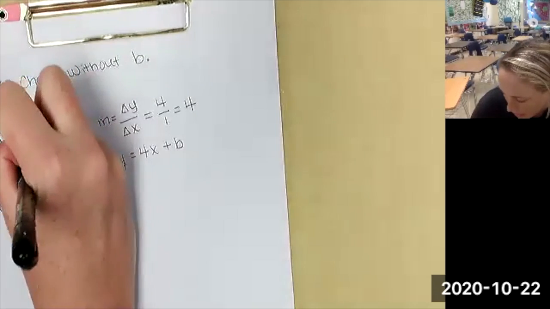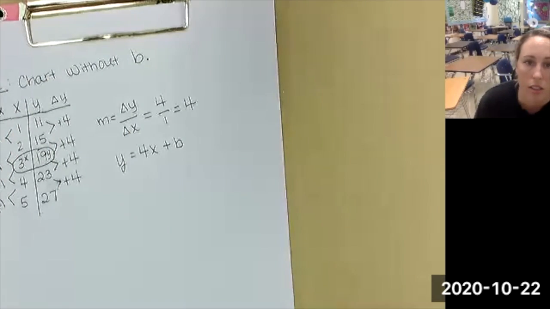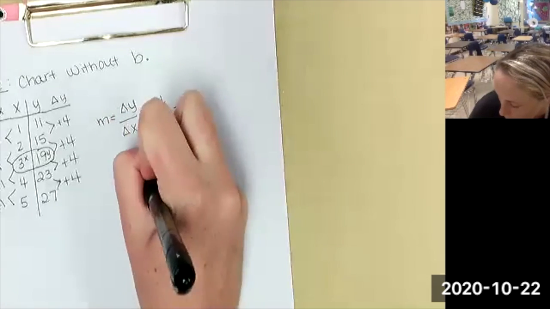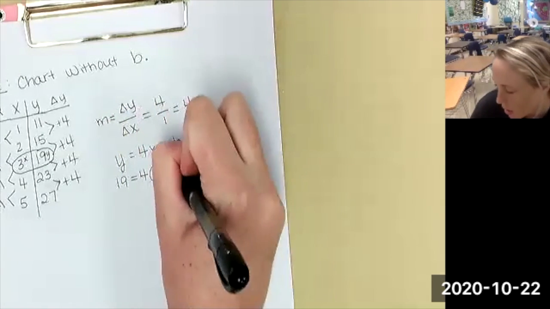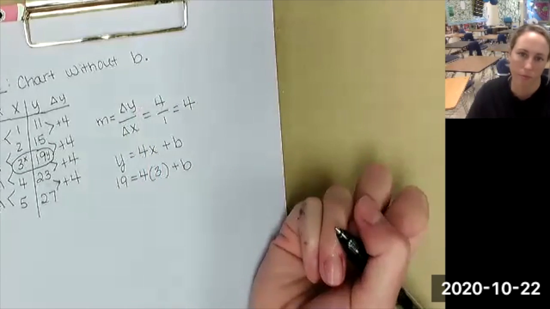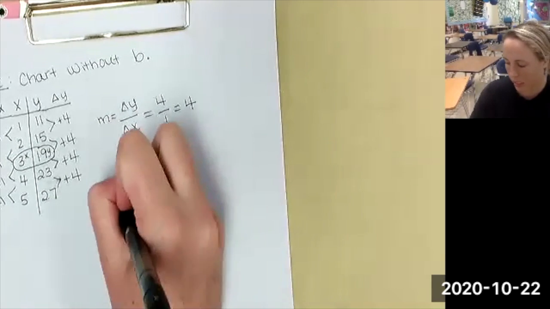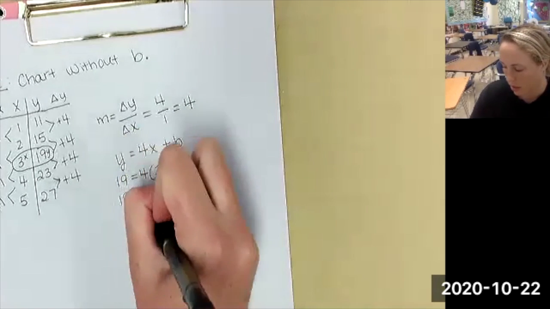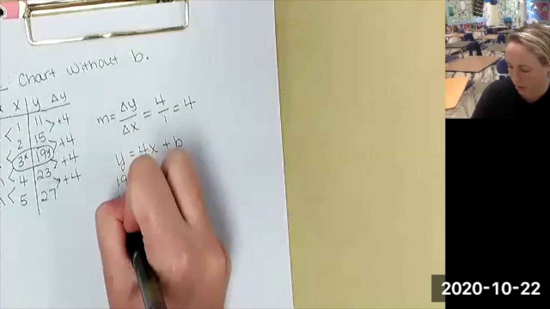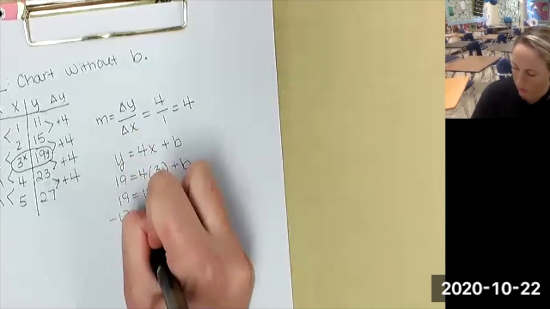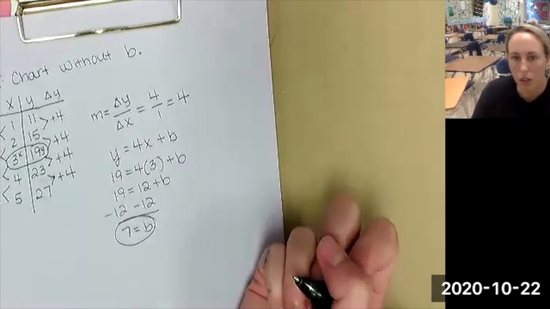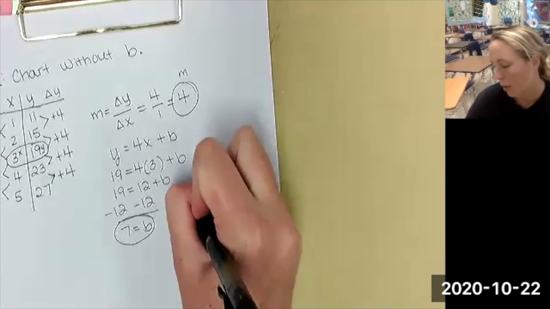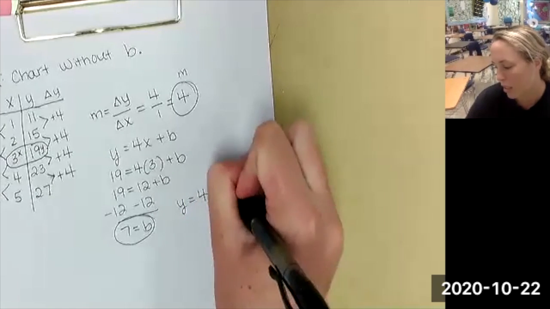So this is going to be my x. This is going to be my y. So I have 19 equals 4 times 3 plus b. So now I need to solve for b. So I've got 19 equals 12 plus b. Subtract 12 from both sides, and we get 7 equals b. So our equation ends up with our m being 4, our b being 7, and we get y equals 4x plus 7.